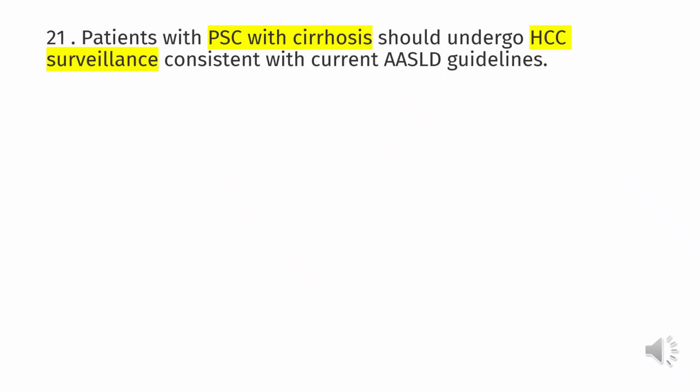For PSC patients who develop cirrhosis, we can just do the hepatocellular surveillance along with the AASLD guidelines, which is mainly every 6 months ultrasound or any kind of imaging plus or minus alpha fetoprotein.